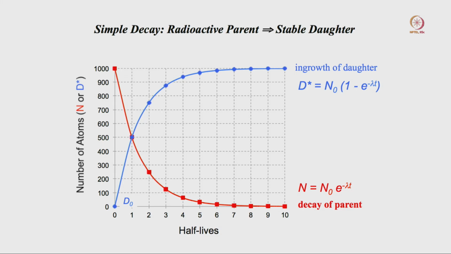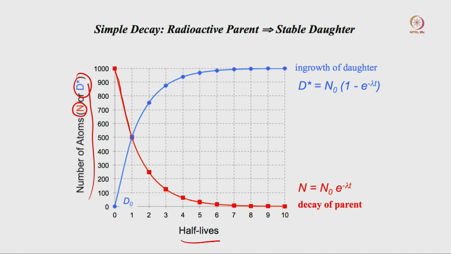Now, let us see what is happening here. If I am plotting the number of atoms in terms of N or D, that means my radiogenic parent and my radiogenically produced daughter, my parent is simply going to decrease, and here are the half lives on the x axis. In the first half life the number is going to be half, then half, half, half, half.